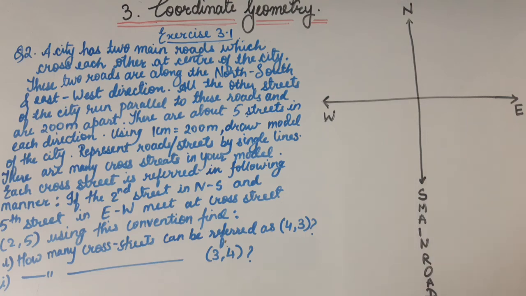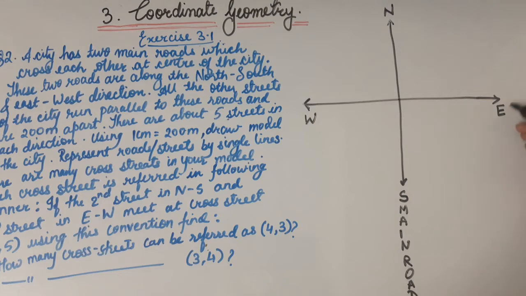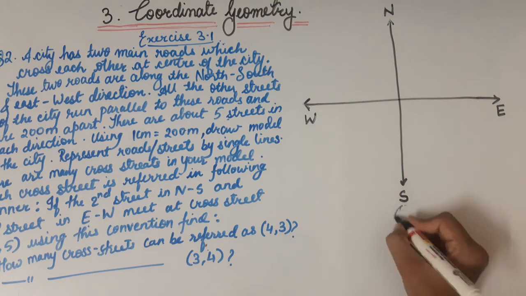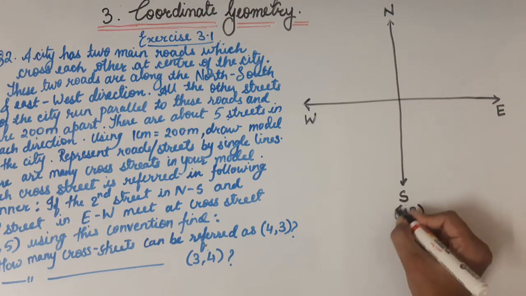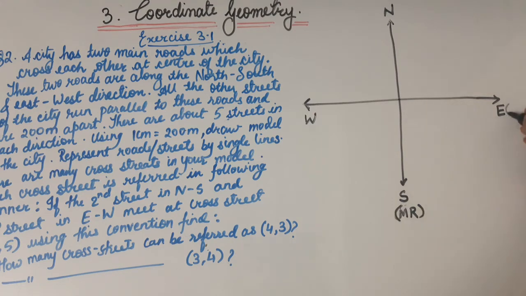So this is the main road, and east west is also a main road, or let us write it as MR, so it will be easy. Main road, main road. This is also a main road.